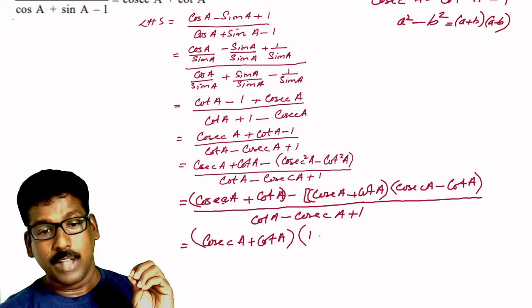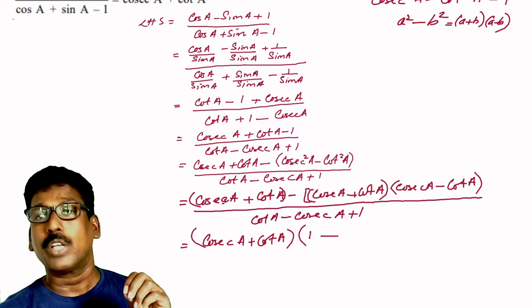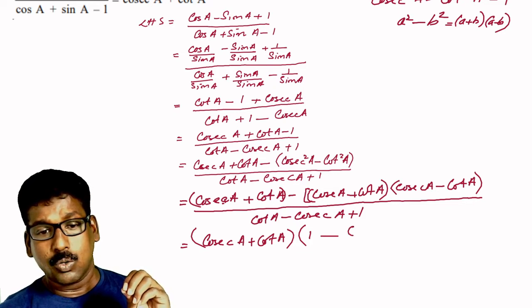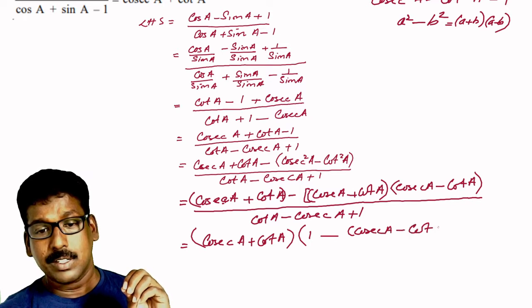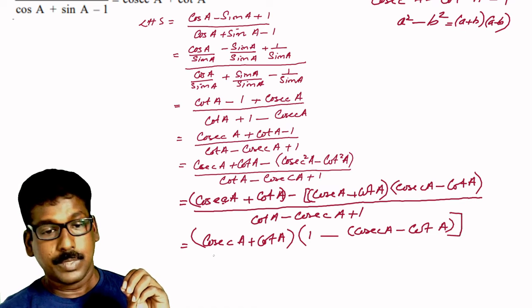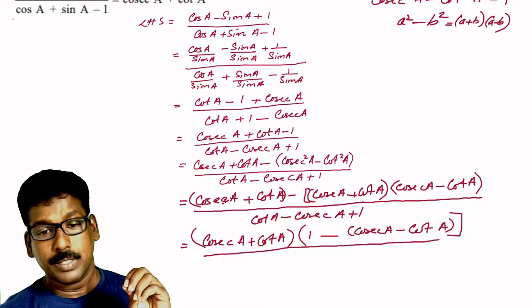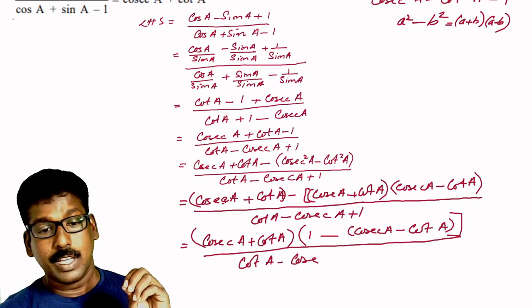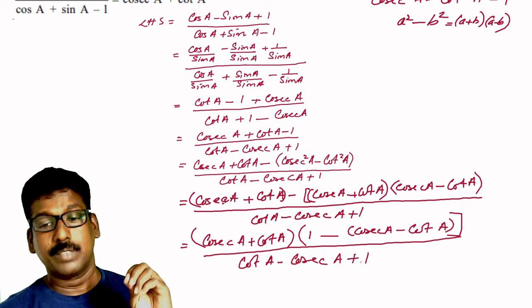Here it is 1 minus, then cosec a plus cot a we took common, so remaining is cosec a minus cot a, whole divided by cot a minus cosec a plus 1.